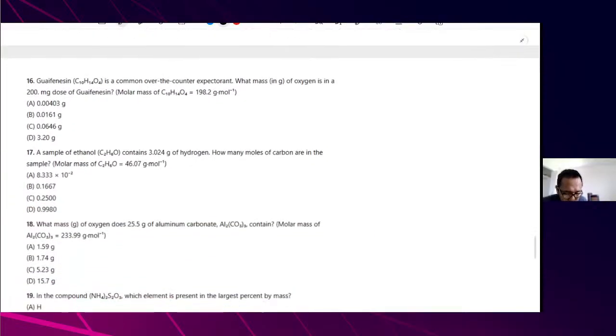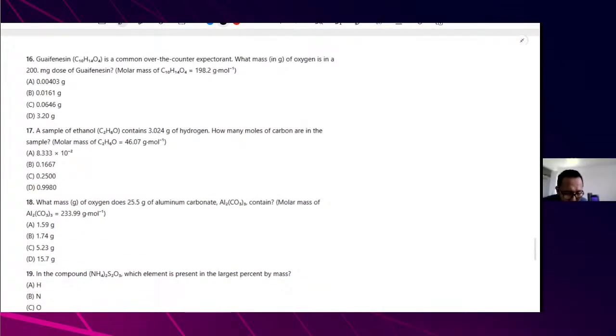Okay, and then number 16, guaifenesin is a common over the counter expectorant. What mass of oxygen is in a 200 milligram dose of guaifenesin? Okay, now we need to determine how many oxygen here. Oxygen is 4. So at the end we want to times 4 for this one.